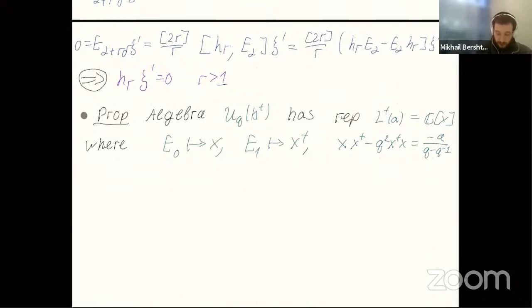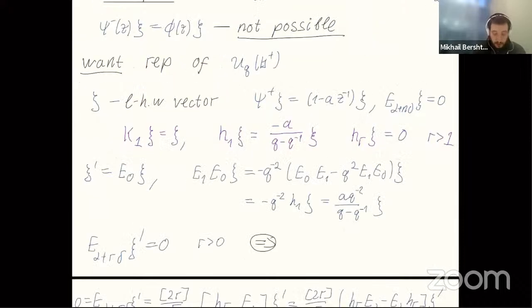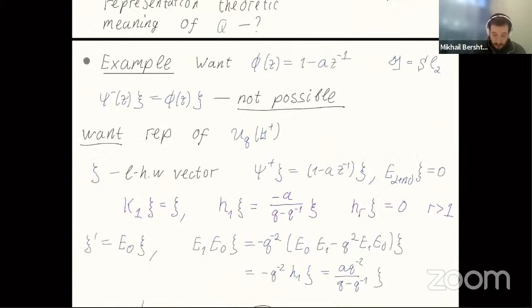What do we have to check in order to prove this proposition? We have to check relations for E0 and E1. Also maybe I should write that I assume that K1 on the 1 is equal to Q. It's equal to 1, sorry. For the highest weight vector, the action of K1 is equal to 1, as we had here.